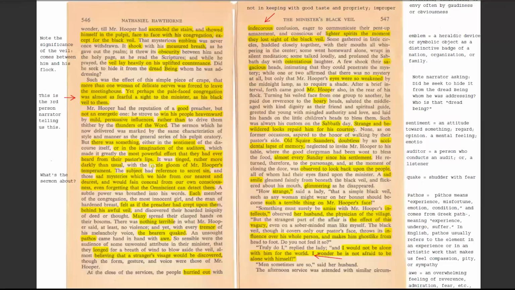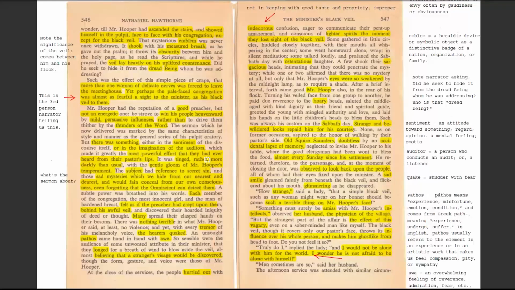What was the sentiment itself? Well, it was tinged more darkly than usual with the gentle gloom of Mr. Hooper's temperament. So the narrator is telling us Mr. Hooper has a gentle gloom about him, his character. He's gloomy, but he's not really gloomy. There's a gentle gloominess. The subject had reference to secret sin. And herein, ladies and gentlemen, is why most interpretations, as you'll find out when we get to the interpretation that Jimmy offers you, say that Hooper is carrying a secret sin.